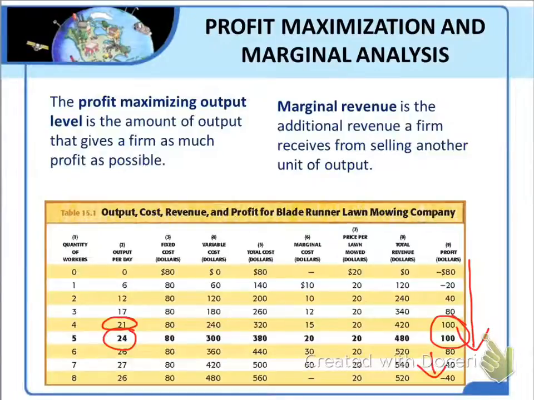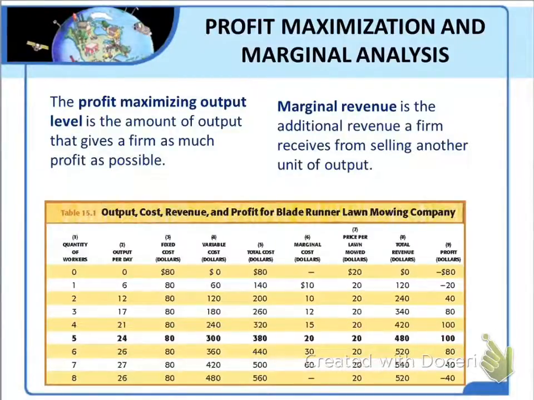Notice that the profit begins to go down. It goes down to 80, then 40, then negative 40. So Blade Runner can earn its maximum profit by mowing either 21 or 24 lawns. And if we are indifferent, we will tend to mow the higher number of lawns. So, Blade Runner will mow 24 lawns and make a profit of $100. That would be their profit maximizing output level.